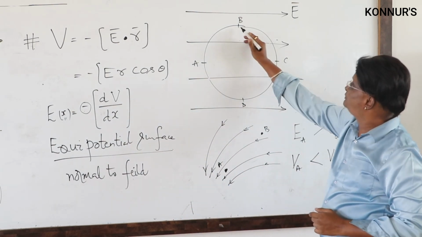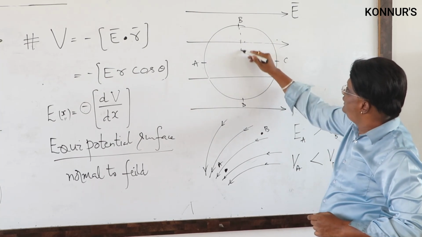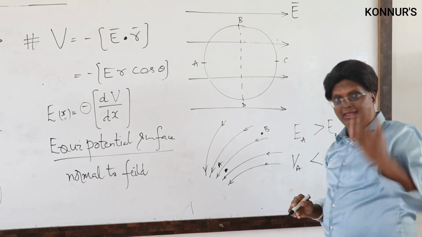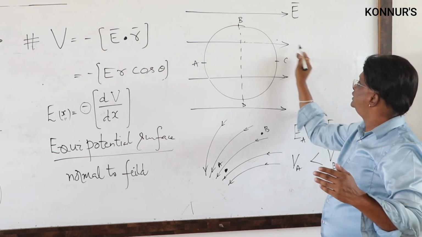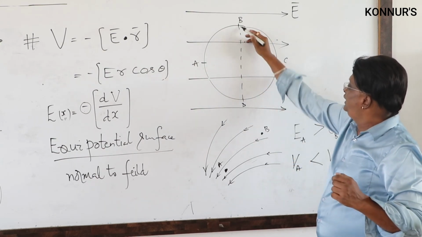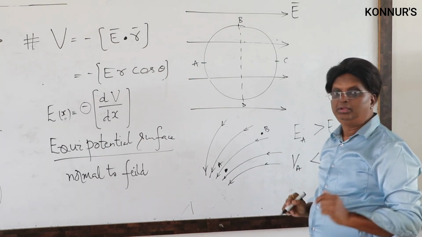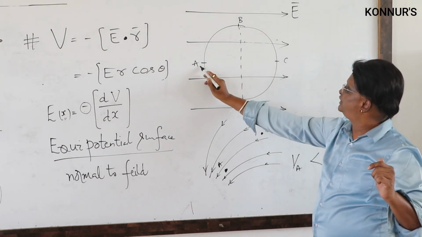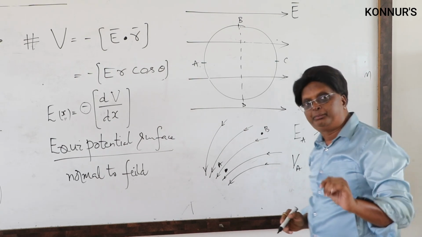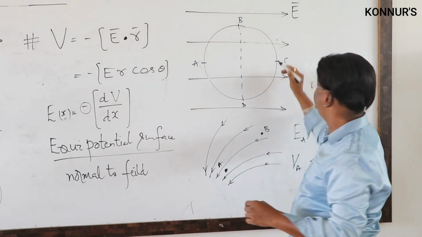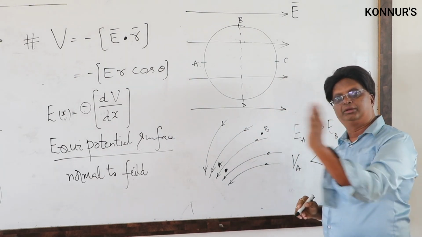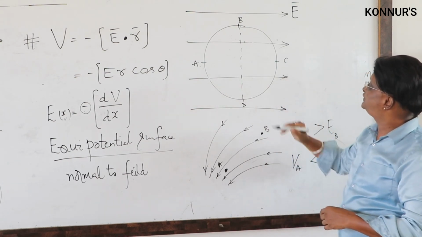Whereas now look at these points B and D. You will find that this is a line which is perpendicular to the field line. These B and D points are at same potential. Remember, A is at highest potential because it is the point which appears first, and C is at the lowest potential because it is appearing last.